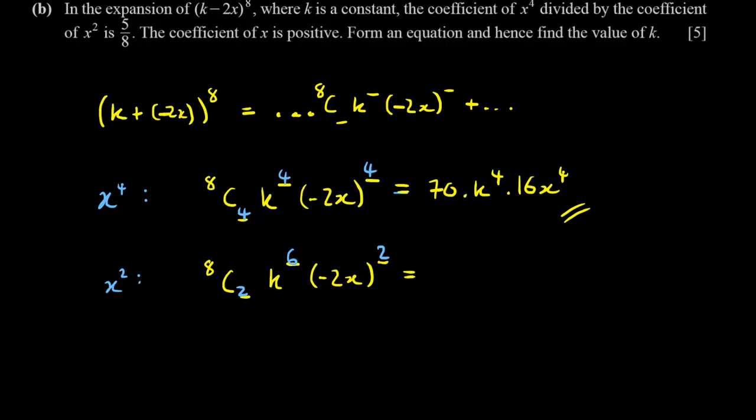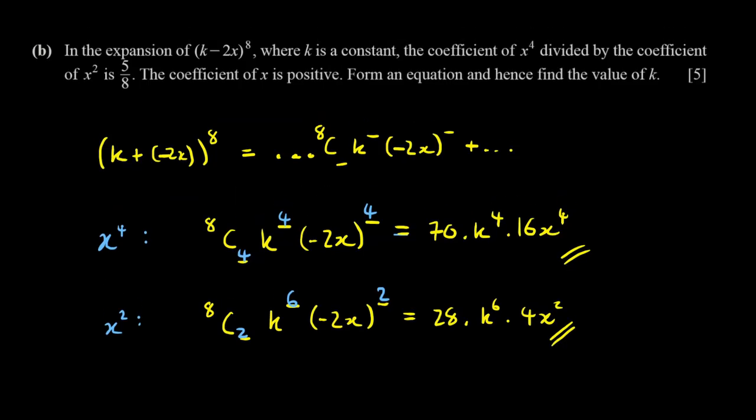We've got 8c2 is 28, k to the power of 6, negative 2 to the power of 2 is 4, and so we're going to get there 28, k to the power of 6, 4x squared. Now, we are told in the question that the coefficient of x to the 4 divided by the coefficient of x squared is 5 upon 8.